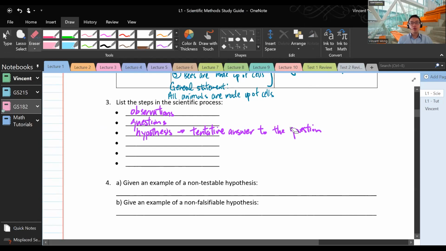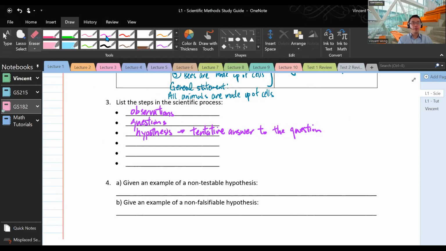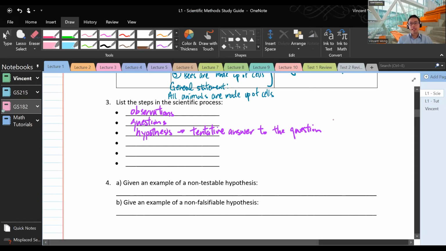And in order for a hypothesis to be valid, it must satisfy two conditions. What are the two criteria that must be satisfied for it to be valid?